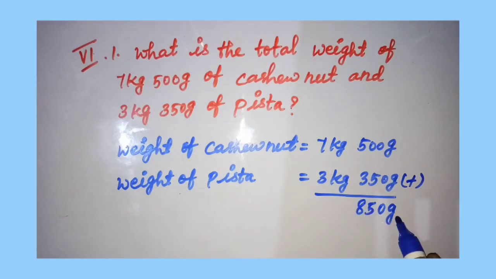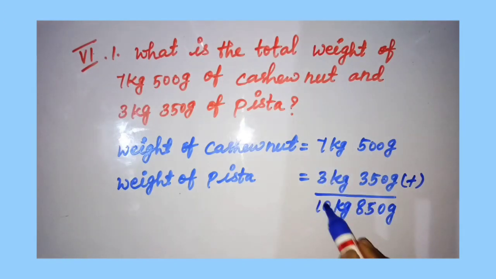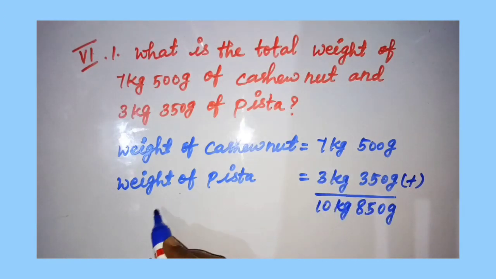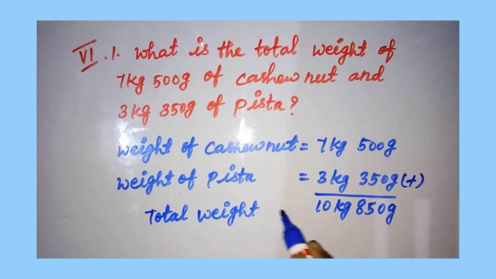So 850 gram. Next the measurement is kilogram. 7 plus 3, 10. So total weight is equal to 10 kilogram 850 gram. That is the answer.